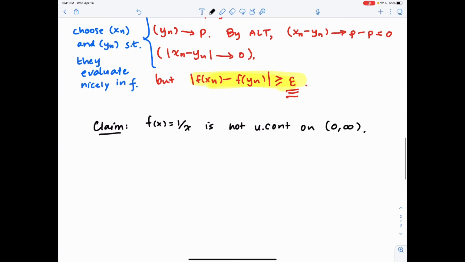And we already know that for us, the issue that we get is 0. That's our P value. So we want to pick xn and yn that are sequences of positive numbers because they need to be in the domain that we're considering, such that xn and yn both go to 0.